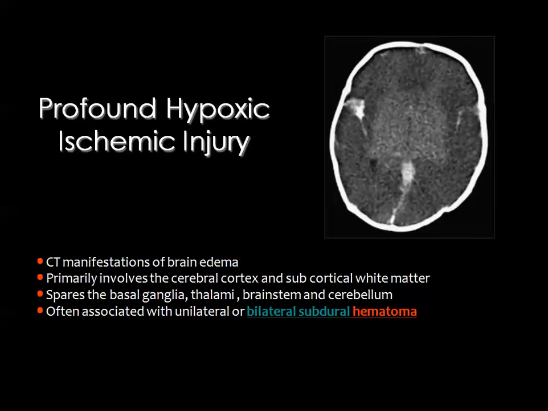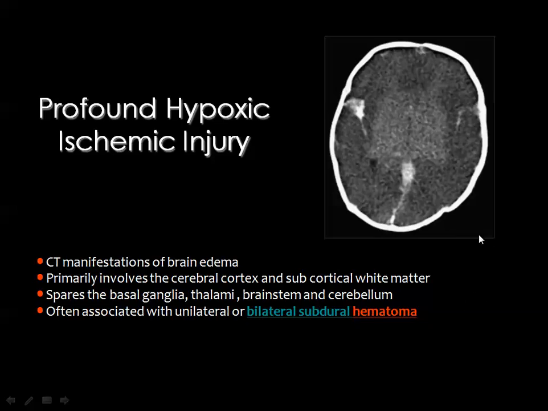And this appearance is sometimes commonly seen in clinical practice, which is an indication of profound hypoxic ischemic injury to the brain parenchyma. And this is usually seen immediately before death or even after death.